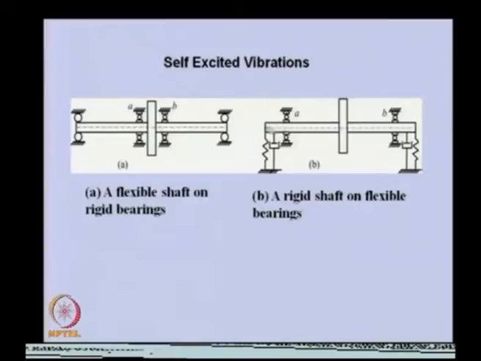So you can see that the self-excited vibration due to the fluid film bearing takes place only when motion of the shaft ends is there. If we arrest the motion of the shaft, the self-excited vibration will automatically die down. So now it is very clear what the difference is between self-excited vibration and external excitation. In this case we have seen that in self-excited vibration, the motion itself generates this particular kind of vibration.